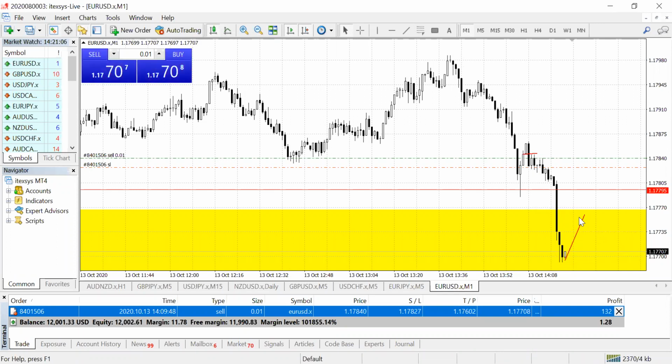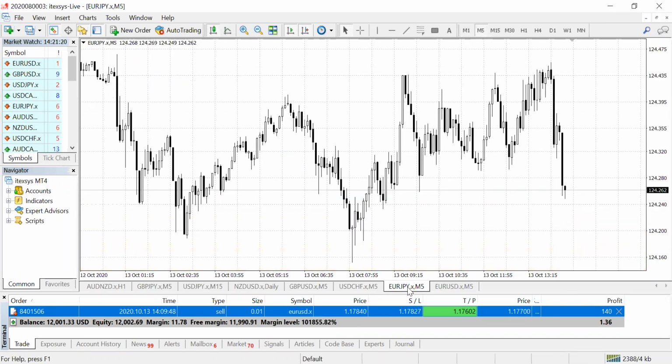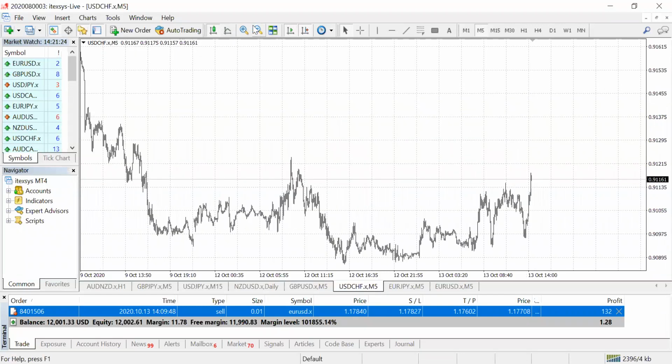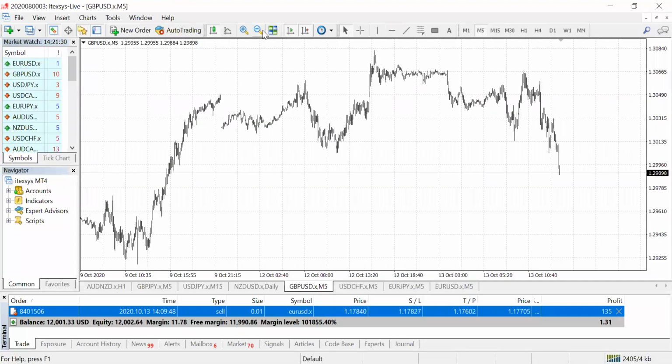We could wait for any kind of movement to the upside and then rejoin our trade to the downside. But we need that to happen. For now, there's only down movement. Let's see, what else do we have? Okay, nice movement on the pound, right?